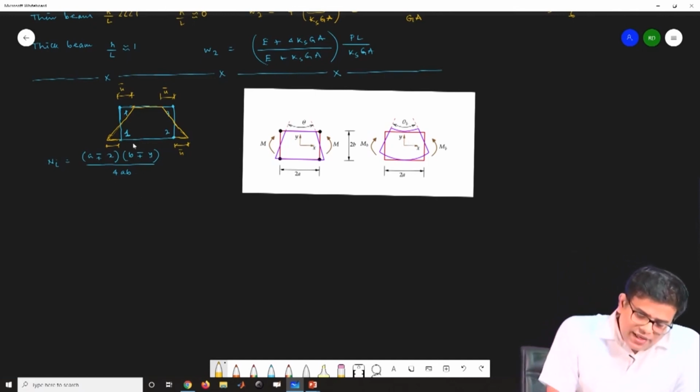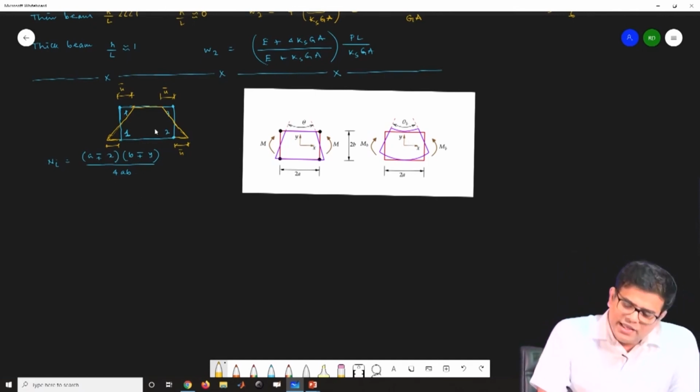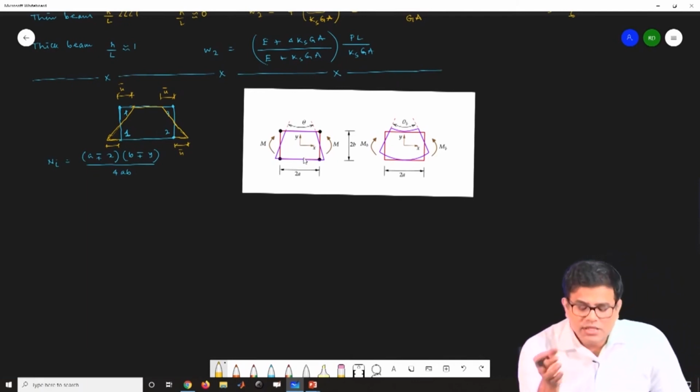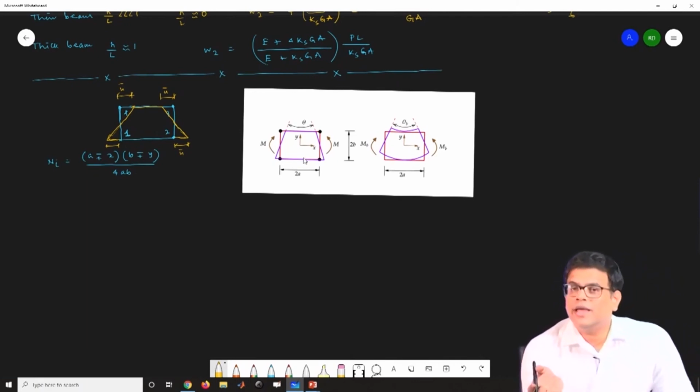If I just do this, then I can easily find the strains, and we also know the exact strains.